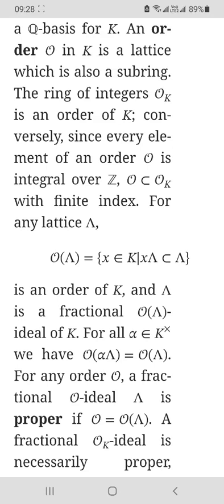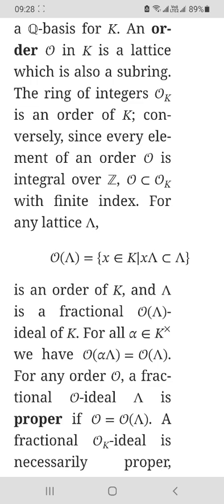The ring of integers OK. The most simplified version of O is OK, the maximum order inside K. The ring of integers OK is an order of K. For example, A plus BI is in the ring of integers.